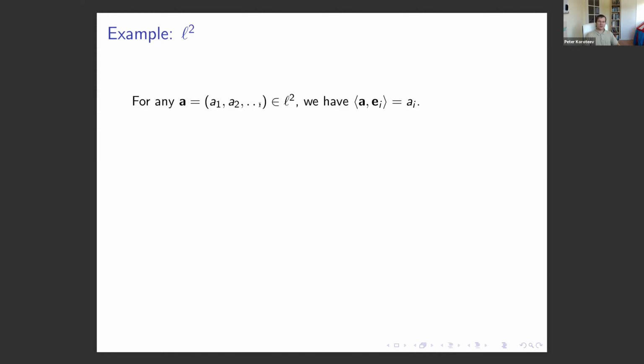It's the coordinate of this vector in the basis of those e_i's. So the orthogonal complement of the set fin-seq is the zero subspace, which consists of the zero sequence.